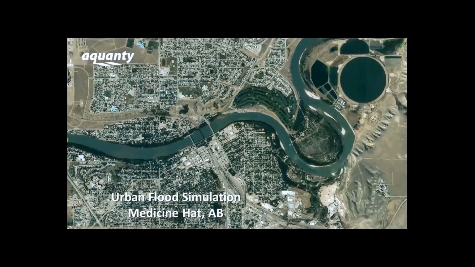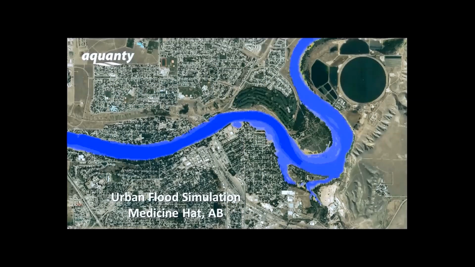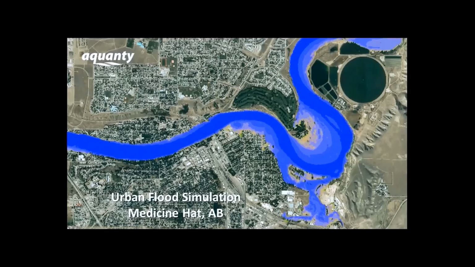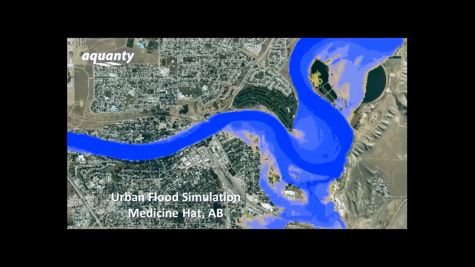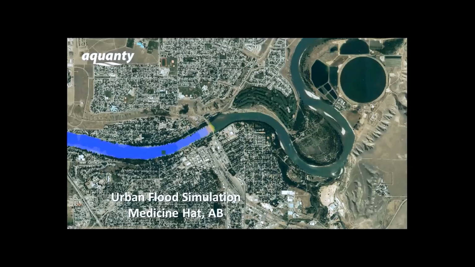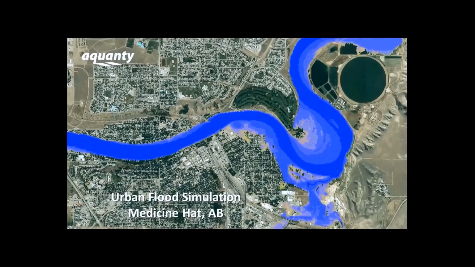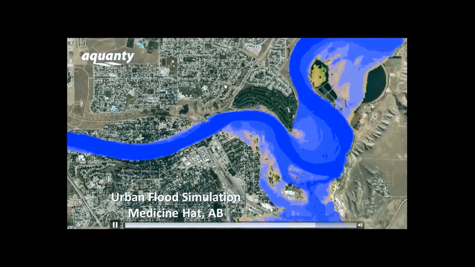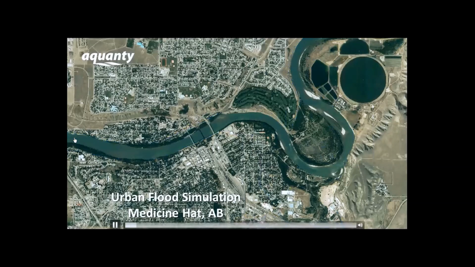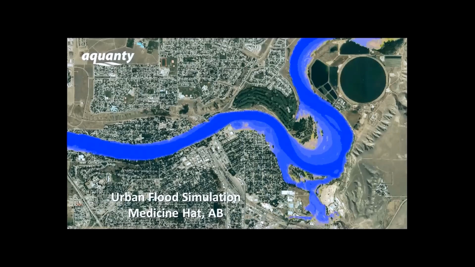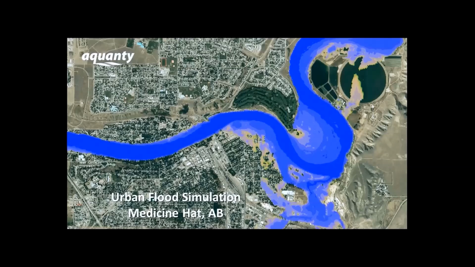So now we're looking at a different municipal area within the South Saskatchewan River Basin. But under the same precipitation event now, we can actually generate essentially what is an urban flood map. So now what we're taking is a hydrograph that's being generated from the basin scale model and feeding that streamflow into a HydroGeoSphere model that is built on very accurate LiDAR topography.